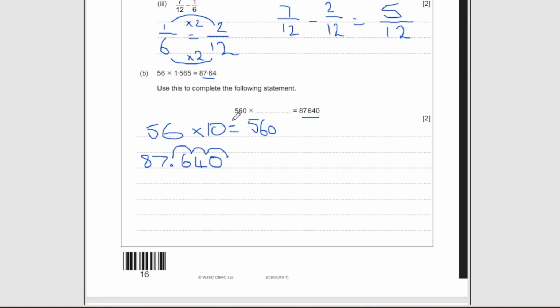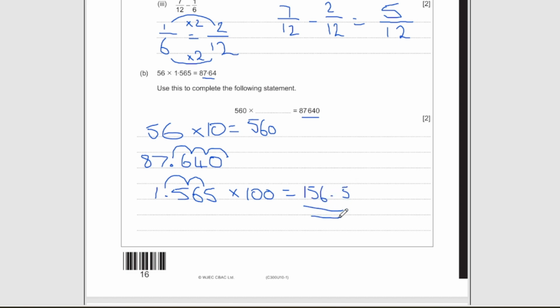We've already times by 10 here. Now 1.565, we'll have to times by 100, so that we've times by 1,000 in total. So times by 100 moves the decimal place 2 places. 156.5.